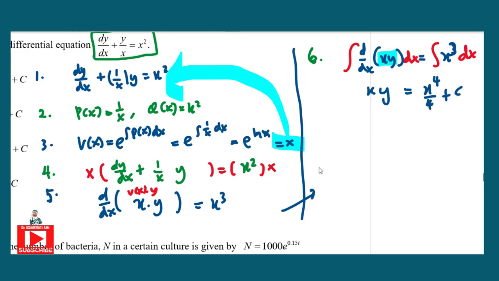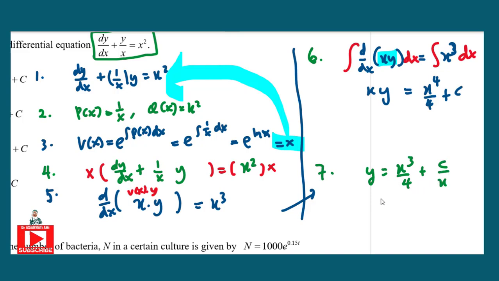Step 7: divide by x to write y in terms of x. So y equals x cubed over 4 plus c over x.